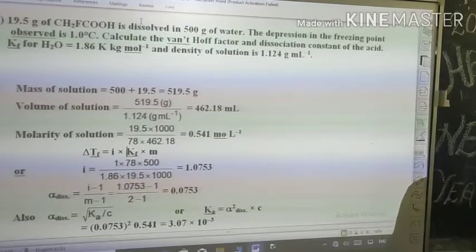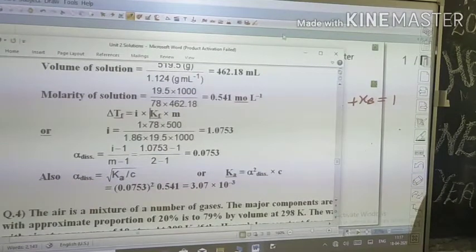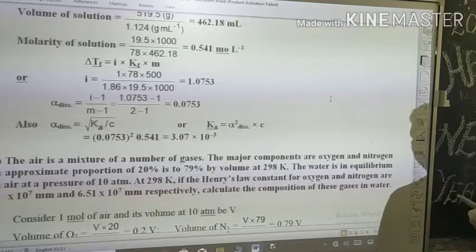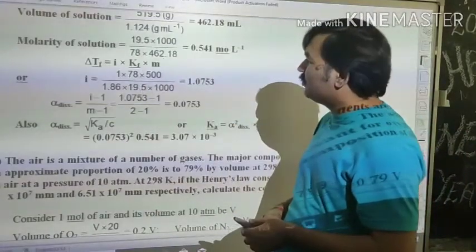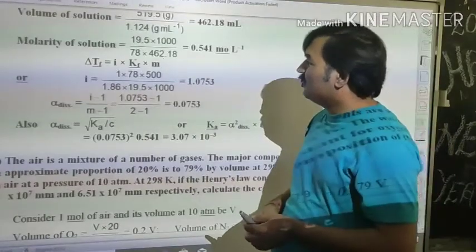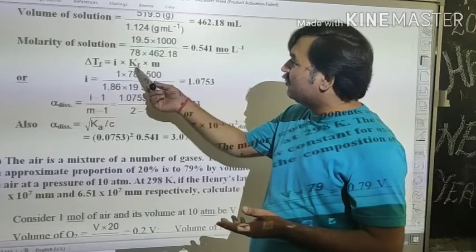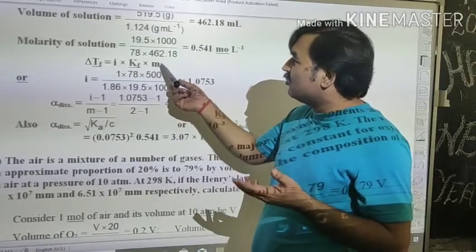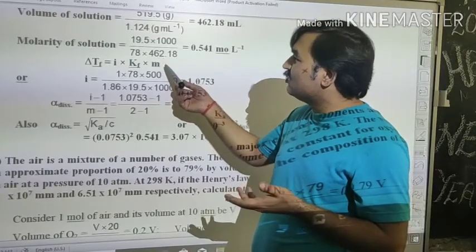Now we come to the main topic here, which is calculation of van't Hoff factor. You know that delta Tf is given by i into Kf into m. So we know delta Tf, we know Kf, and we also know molality because we are given the mass of solute and mass of solvent and molar mass.